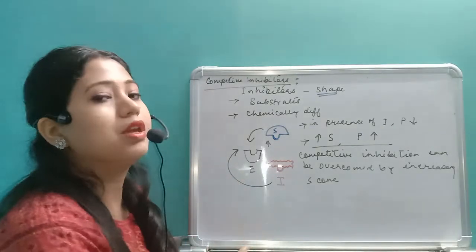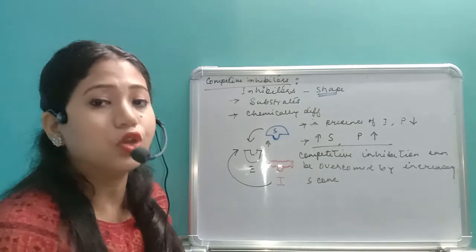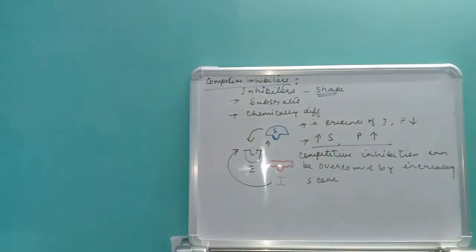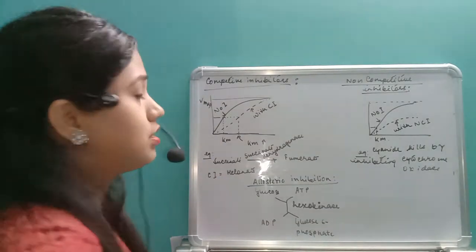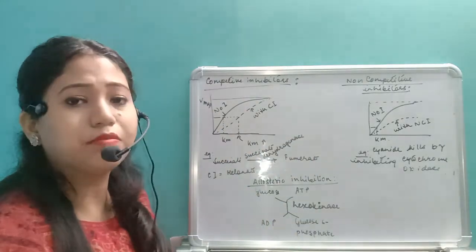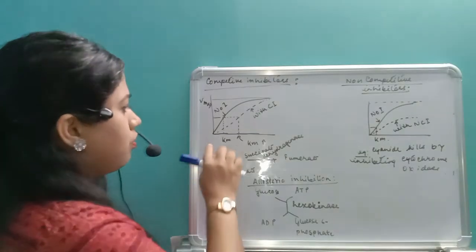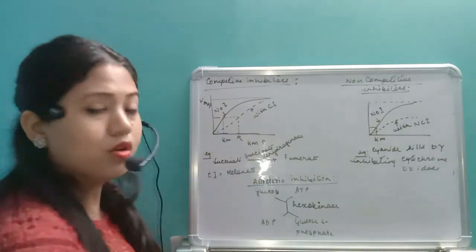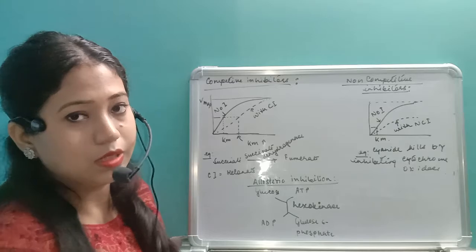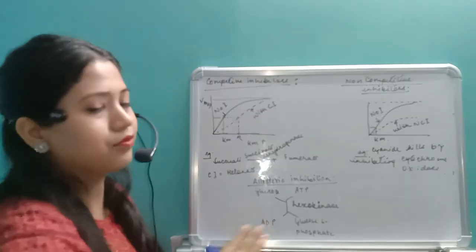So this can also be graphically represented. Let us see how this graph looks. Whenever it comes to competitive inhibitors, how can it be graphically represented? First of all, whenever there are no competitive inhibitors, we can see the normal graph, the Vmax graph, which we have already discussed.